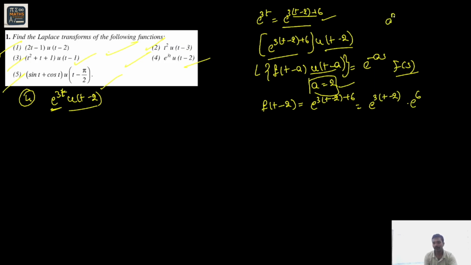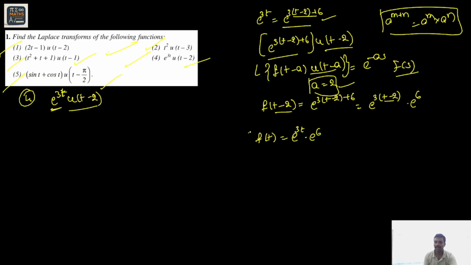It is in the form a power m plus n, so we can write it as a power m into a power n by using this property. Then, where t minus 2 appears here, t minus 2 appears here. Replacing this t minus 2 with t, f of t is equal to e power 3t into e power 6.